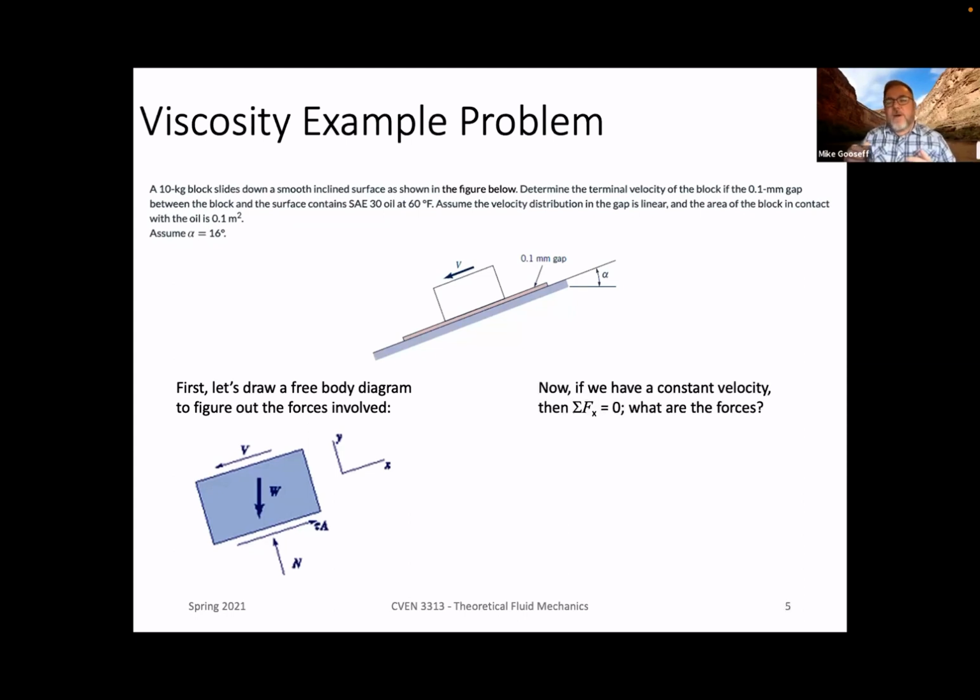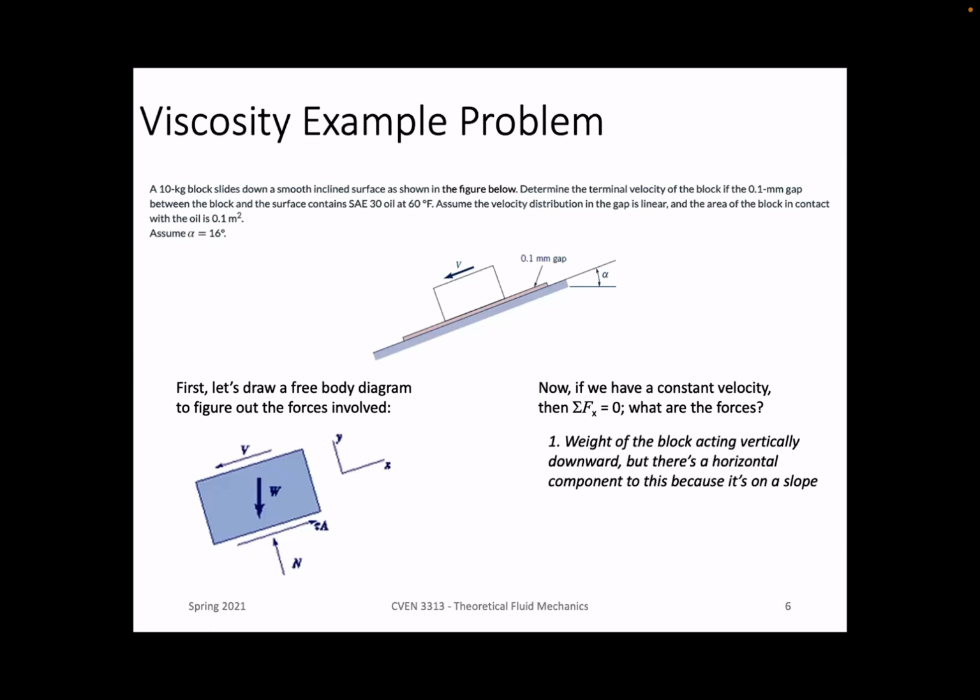Now, if we have a constant velocity, so the block reaches terminal velocity V, capital V here, then the sum of the forces equals 0, which is to say that gravity pulling the block down the ramp is in balance with the viscous forces of the fluid that are trying to hold it back, in this case oil, that's on the bottom of the block, between the block and the ramp, right?